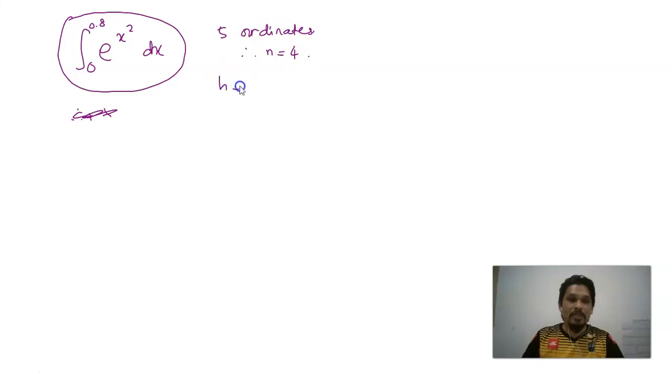So then h equal to b minus a divided by n, where b equal to 0.8 minus a 0, divided by 4, which is 0.2.